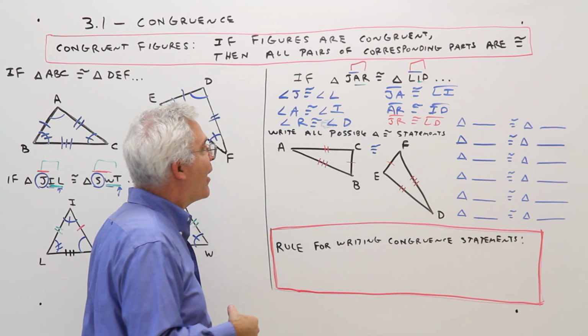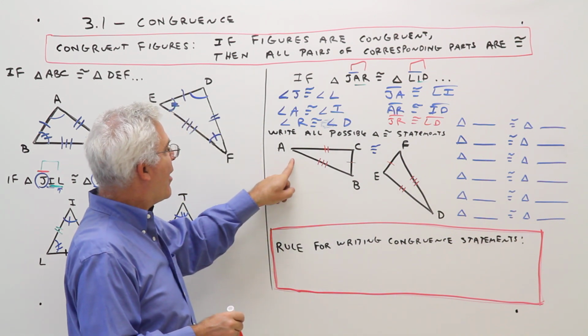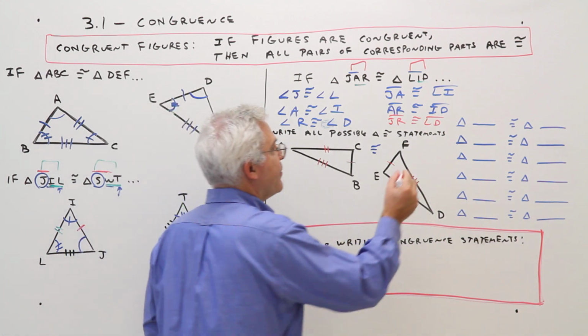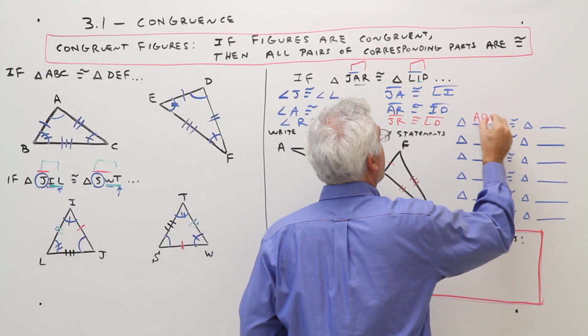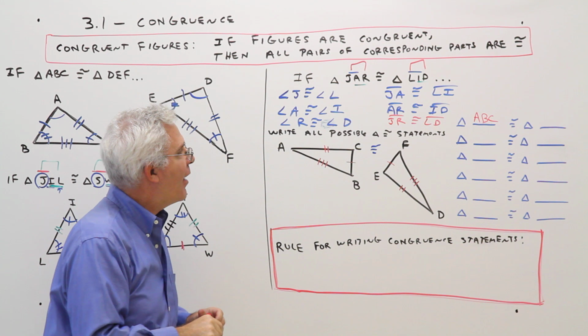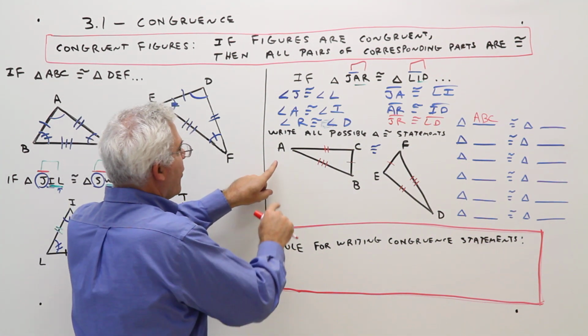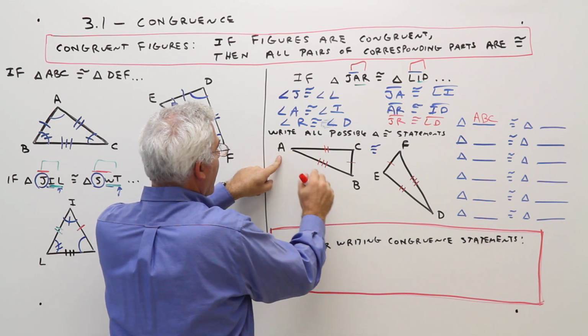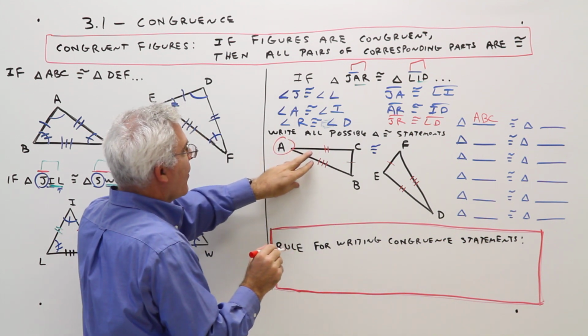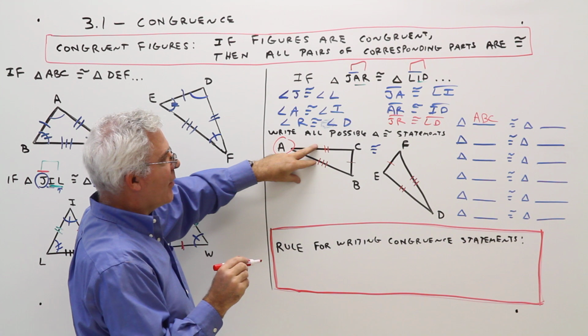Okay, so let's be methodical about this. Why don't we start with triangle ABC. Okay, so A, B, C. The first letter over here was between a double tick and a triple tick.